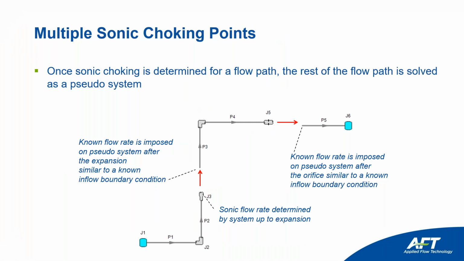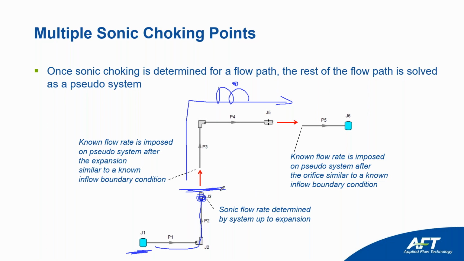We essentially break up the piping system into pseudo boundaries. Here we know the inlet conditions of our supply tank, and we march up to the first choke point at the expansion. Again, the first choke point in the series flow path, that's what sets your choked mass flow rate. So we know the mass flow rate through the rest of the system. We know M dot. Also, we know that across a shock wave, the mass has to balance, the energy also has to balance.